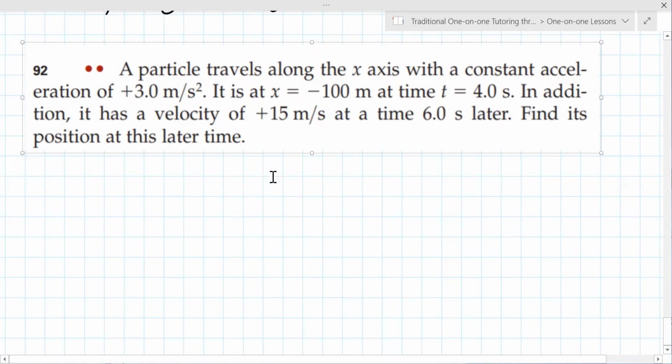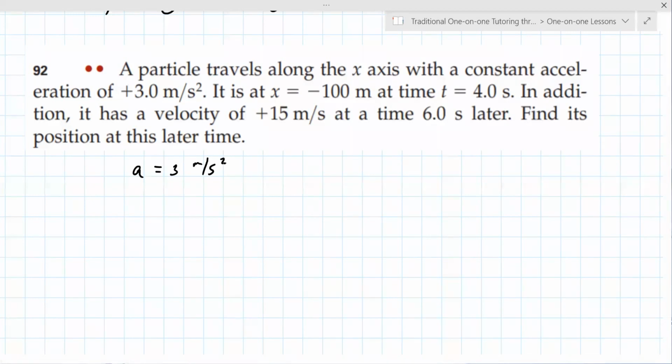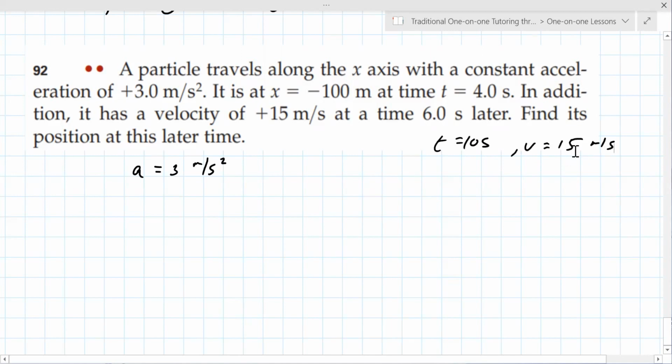So there's a lot going on here, right? The acceleration is 3 meters per second squared. The velocity is 15. Well, it has a velocity 6 seconds later. So at t equals 10 seconds, it has a velocity of 15, because it says 6 seconds later, referring to this.